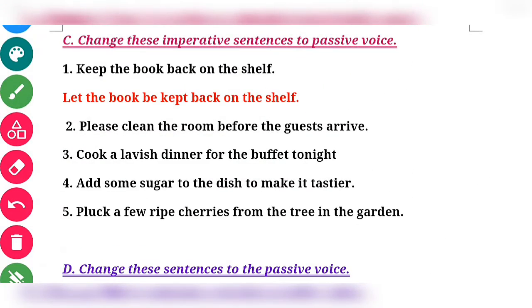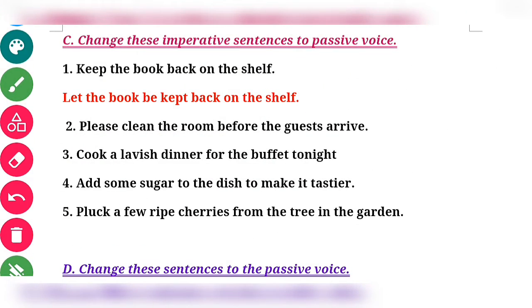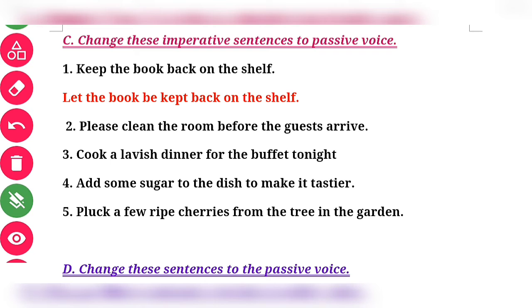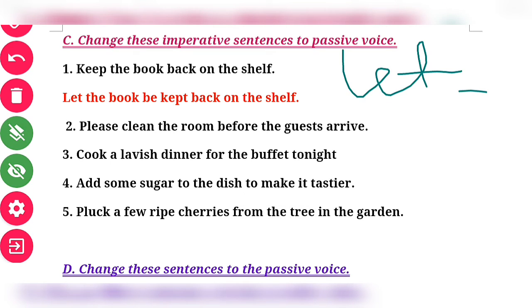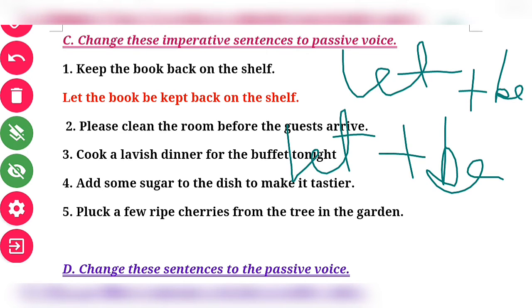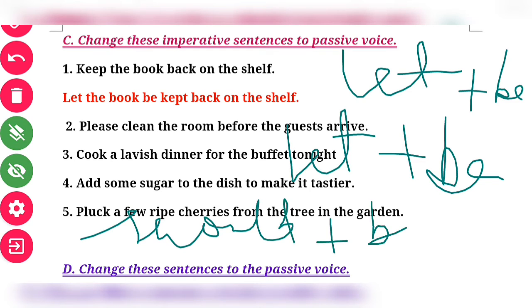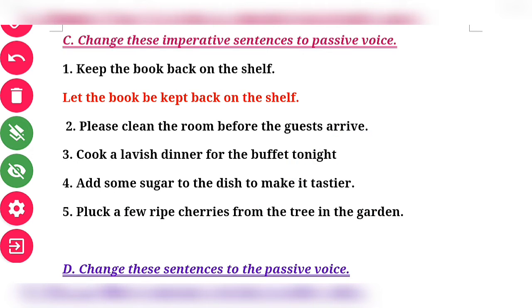Okay, so let the book be kept on the shelf. See, in imperative form we generally use the format let plus be. One more form can be used here, should be. Both are correct, you can use any form. Okay, so let the book be kept on the shelf. Now all the rules will be the same. The third form as we use, we will use here also.